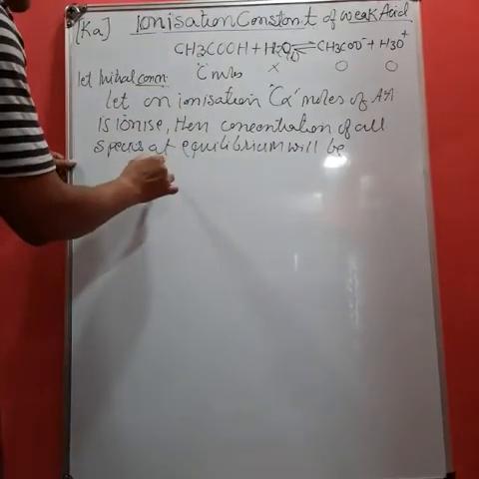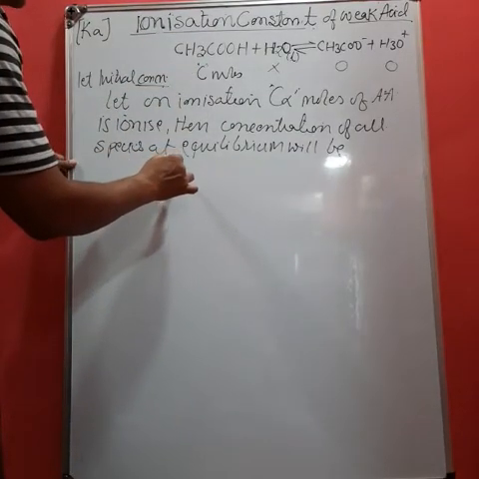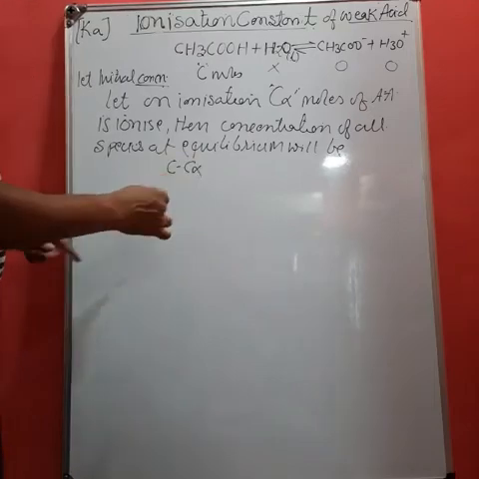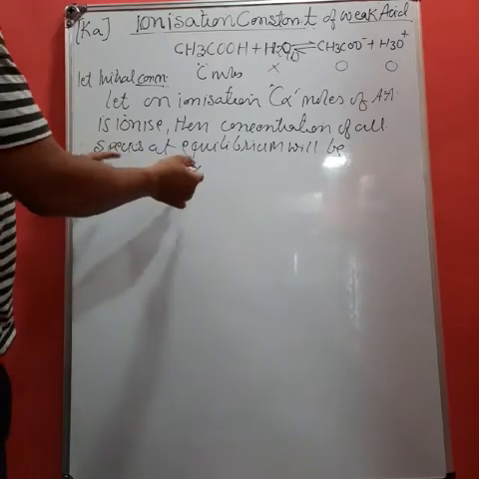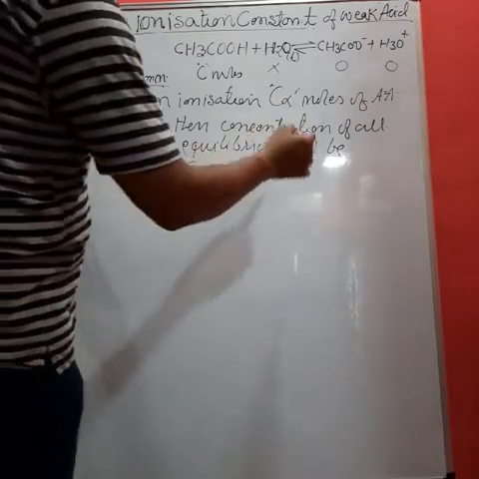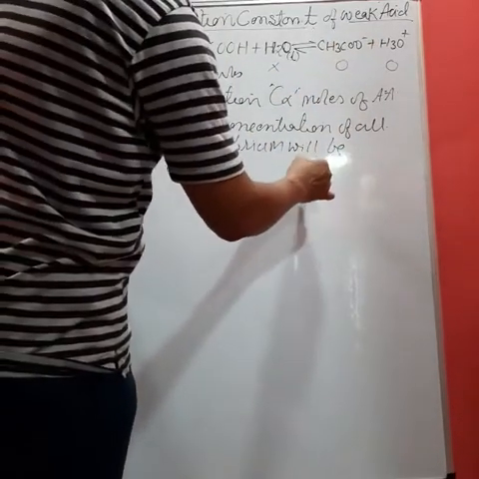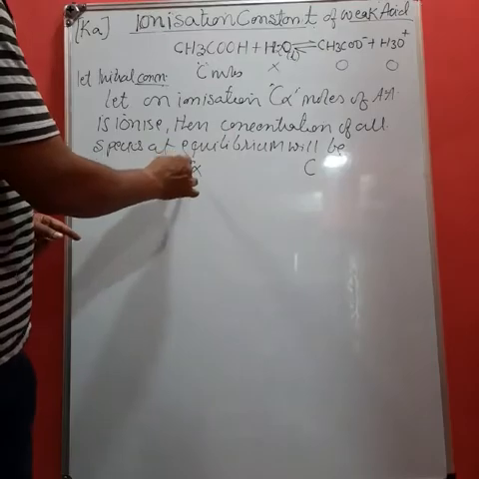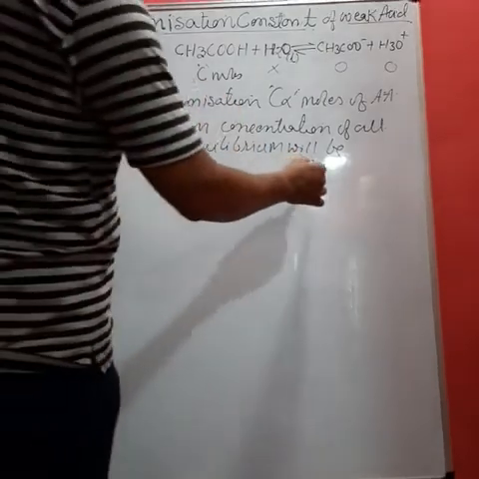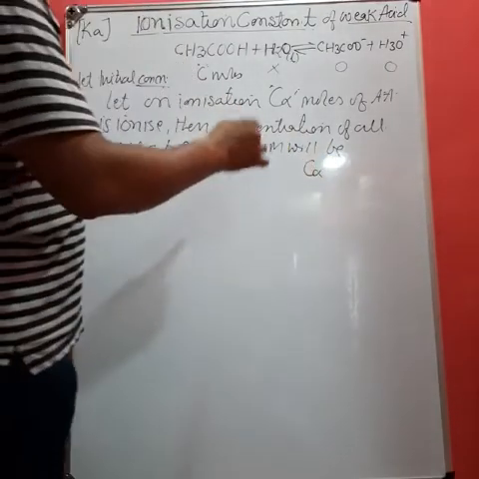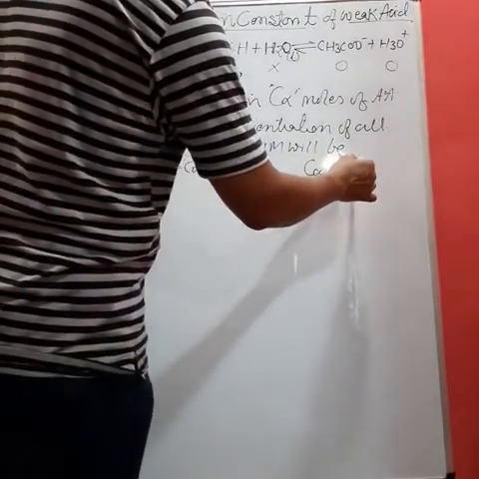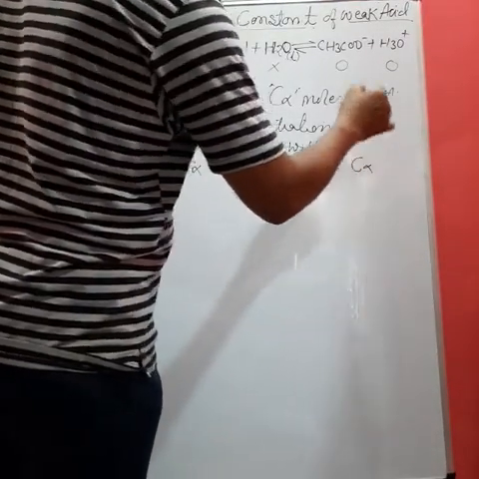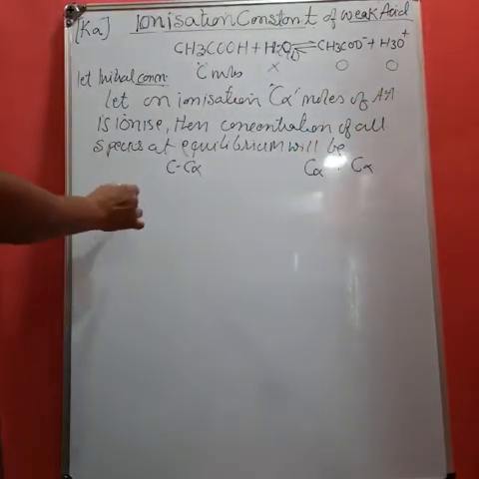The C mole is the initial concentration, and the C alpha mole is ionized, so it will be subtracted. And the concentration of acetate will be, as much quantity of acetic acid will ionize, the same quantity of mole of acetate ion, as well as the H3O cation, will be produced.